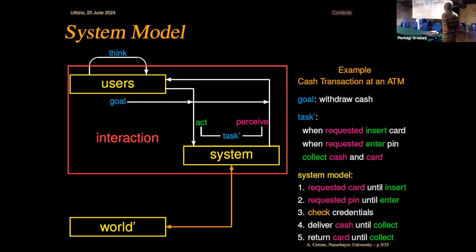And then finally, for example, we deliver the cash first, and the user will collect it. And then we return the card, and the user will collect it. I mean, there are other possible sequences. In fact, ATMs are normally programmable machines, and the bank also decides the sequence of operations, and can offer a lot of different selections in terms of the interface that appears to the user.